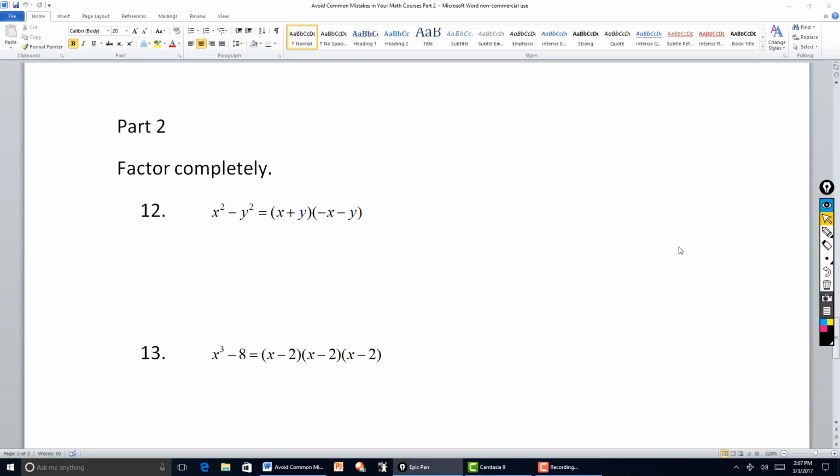Number 13, factor completely again, x cubed minus 8. Look at that, discuss or determine whether it's true or false. Okay, so this one is false. There is a formula for the difference of cubes.